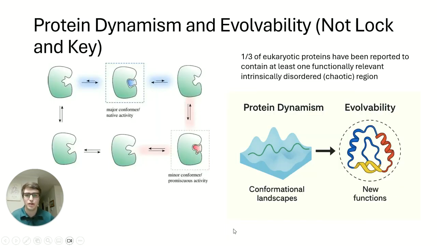So why is this important for biology in terms of evolution? Well, you can look at protein dynamism and evolvability. This is in terms of the protein's ability to evolve new functions. All proteins have a native function, so native activity.